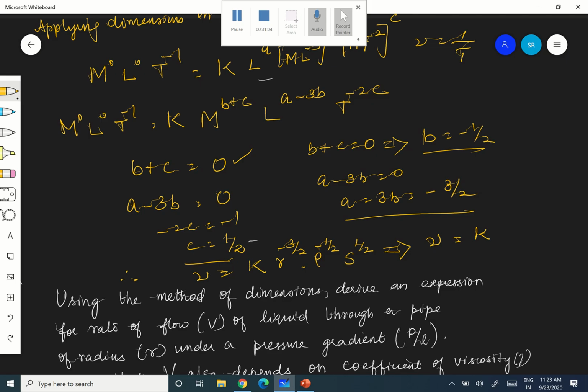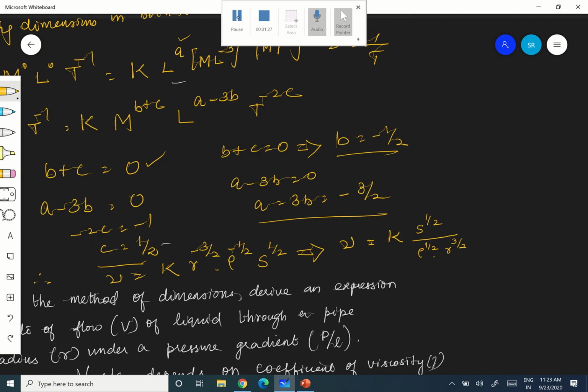Everything you can represent with respect to root of power half. Once again I will tell, s power half divided by rho power half into r power 3 by 2, therefore that can be written as nu is k into root of s by rho r cube.